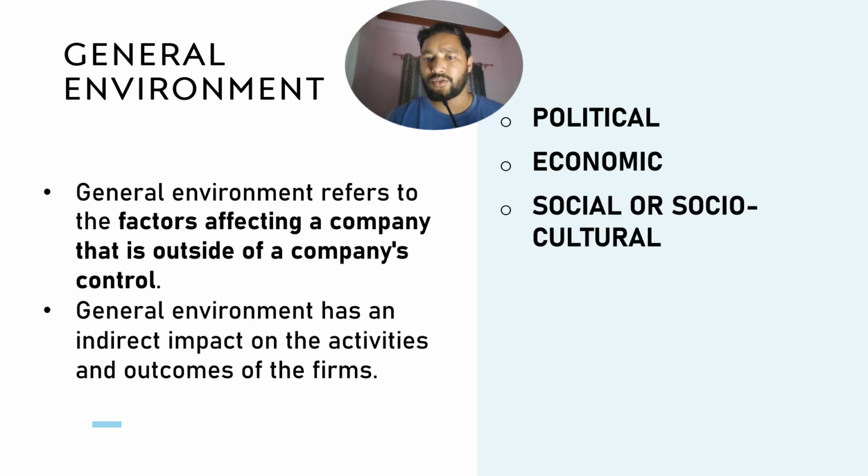Another factor is social or socio-cultural factors. It includes different factors, for example, demography of a nation, family size, taste of a particular group, and the cultural practice of different groups.